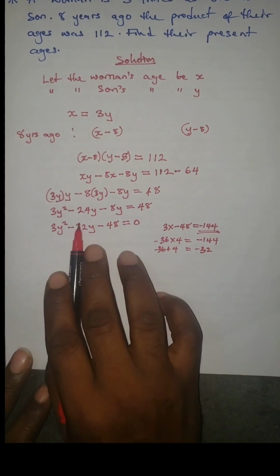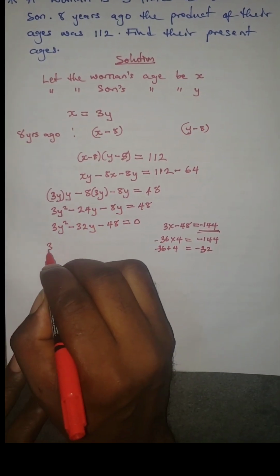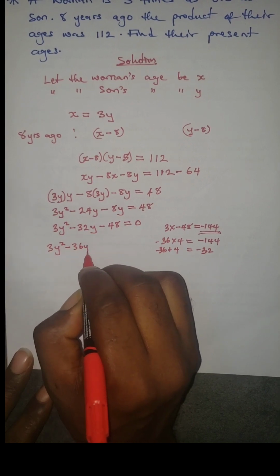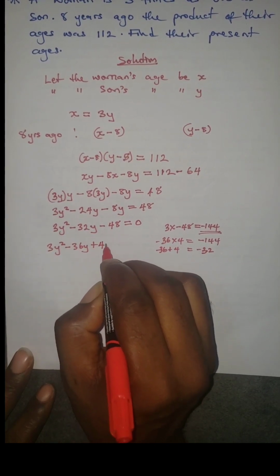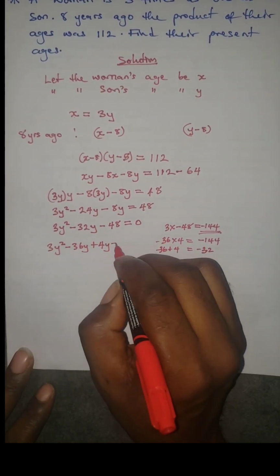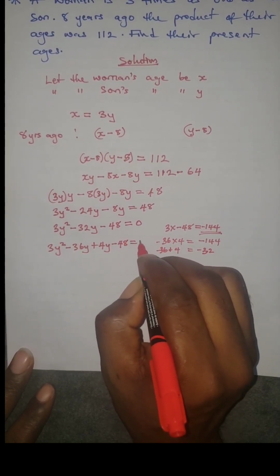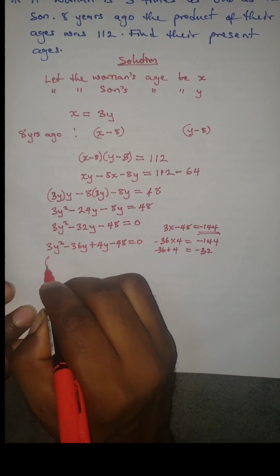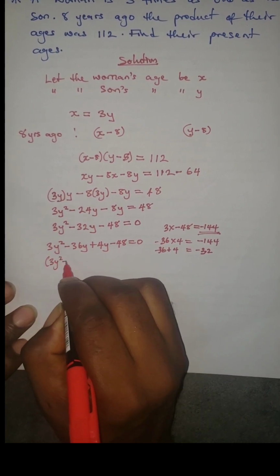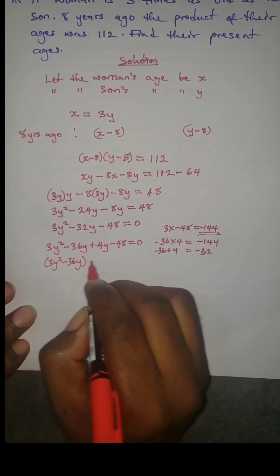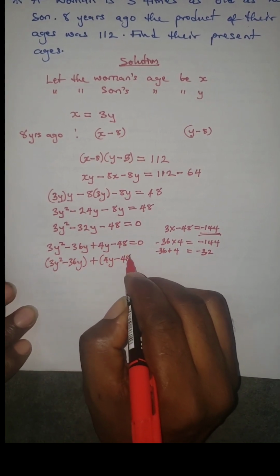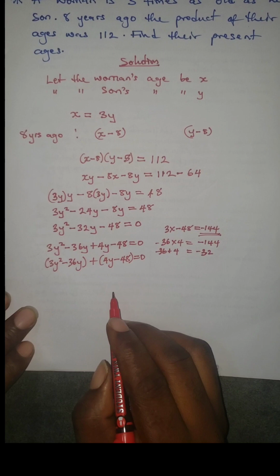So I'm going to use that to replace this. So I have 3y squared minus 36y plus 4y minus 48 equal to 0.